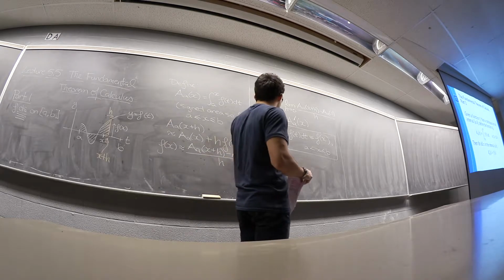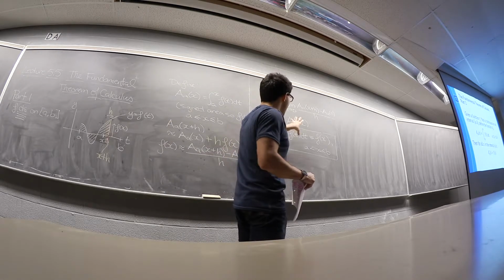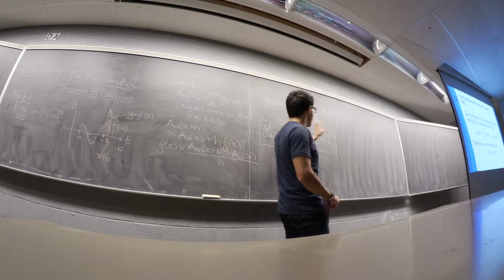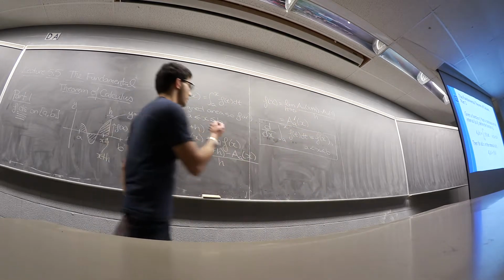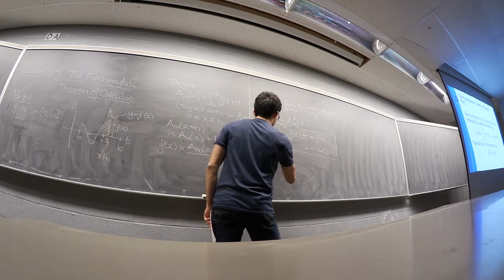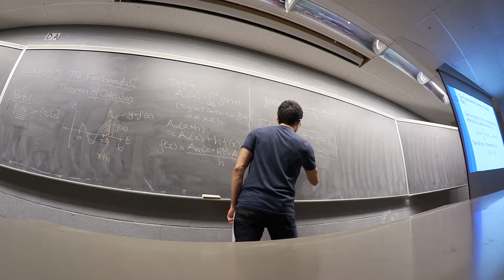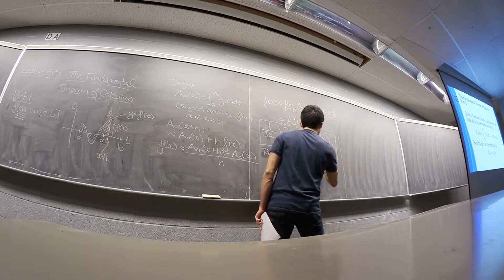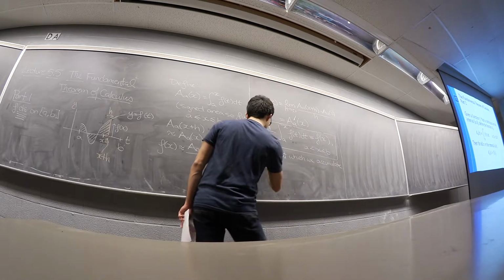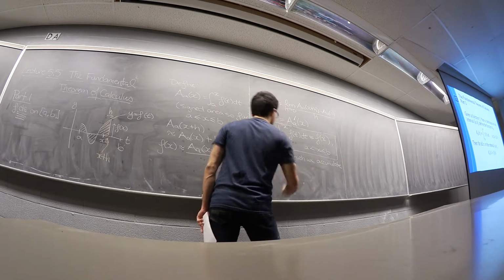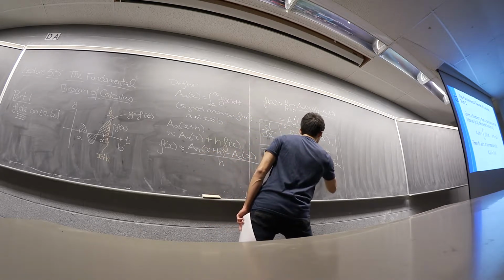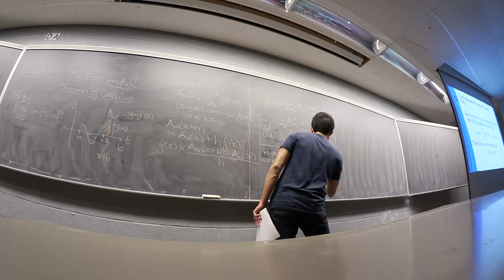What is this? This is the rate at which we accumulate area. And we're saying that the rate at which we accumulate area is given by the value of the function at the frontier. Call it f.